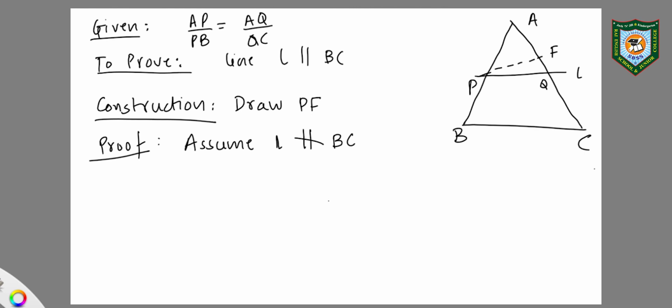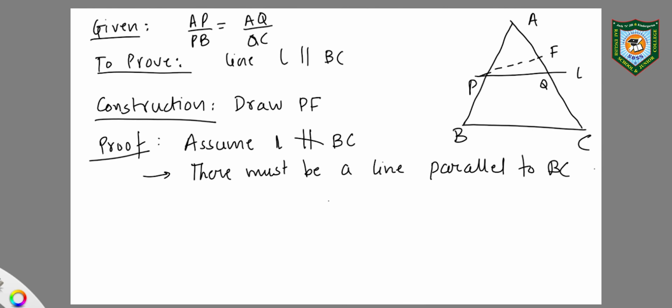So if L is not parallel to BC, this means that there must be a line parallel to BC. So I'm going to assume that PF is parallel to BC.